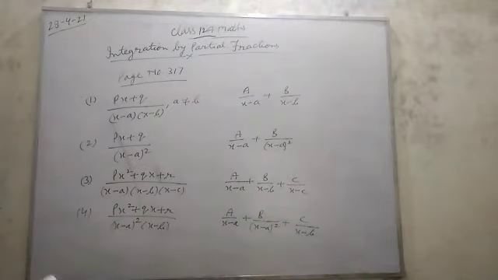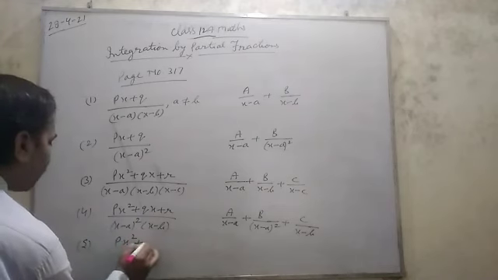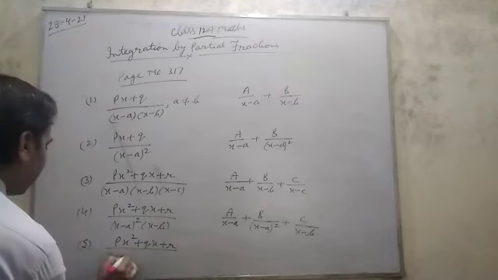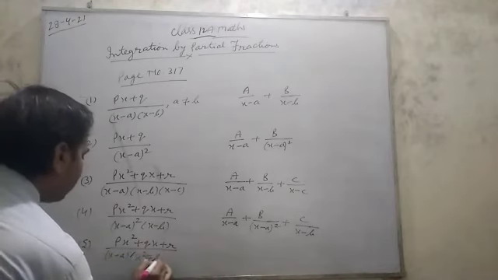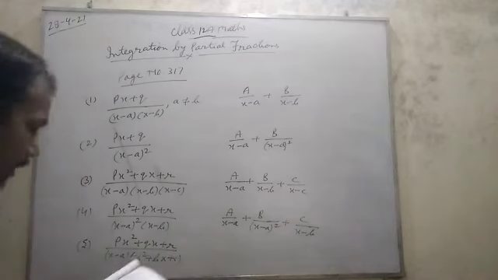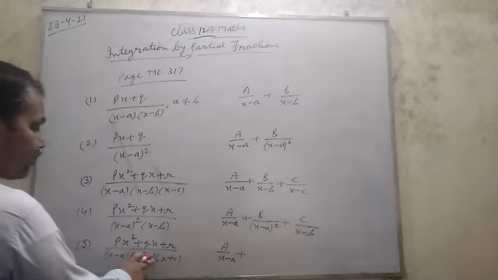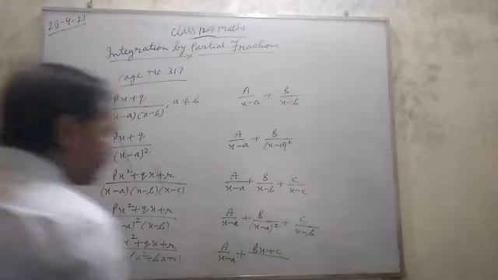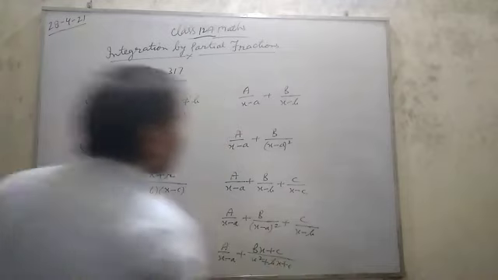One more is also given, fifth. (px² + qx + r) upon (x − a) in the next bracket (x² + bx + c). So A upon (x − a) plus (Bx + C) upon (x² + bx + c).